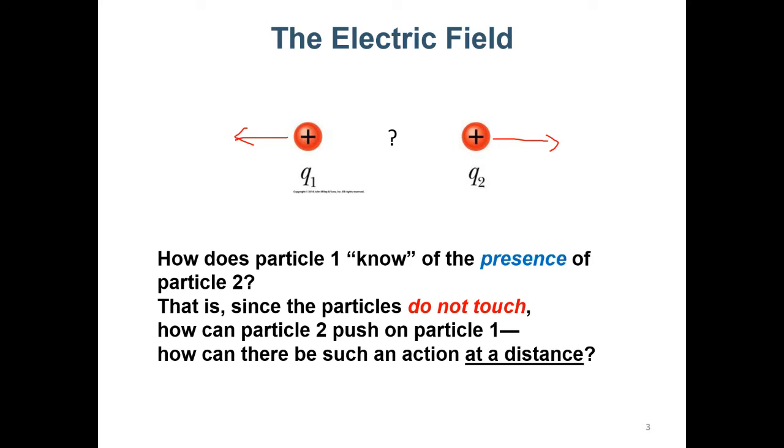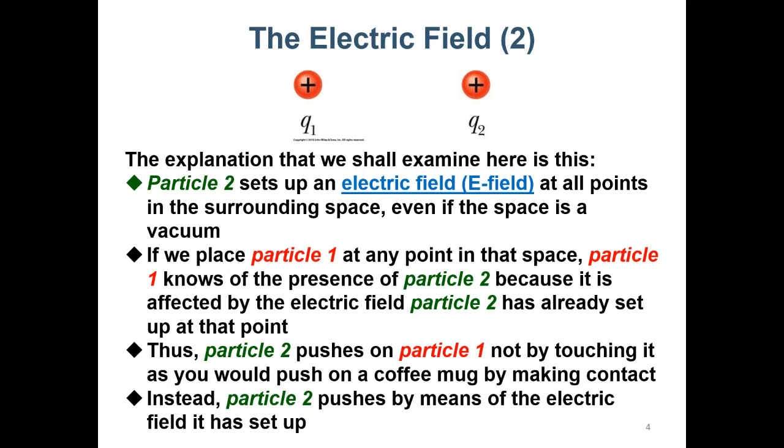So how does Q1 know Q2 exists? How does Q2 know Q1 exists? So the physicists tried to introduce a concept called the electric field, which means that for particle 2, which is a positive charge, it sets up an electric field at all points in the surrounding space, even if the space is vacuum.